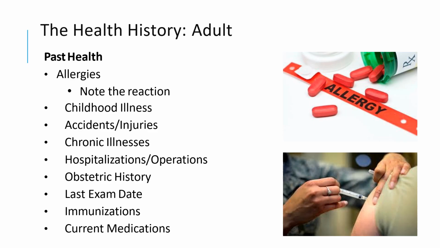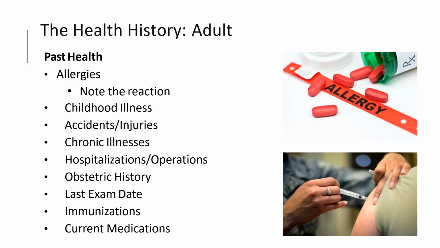This could be diabetes, blood pressure problems, heart disease, sickle cell, seizures, cancer, hospitalizations and or operations. We need to know about any operations they've had in the past and when that happened.